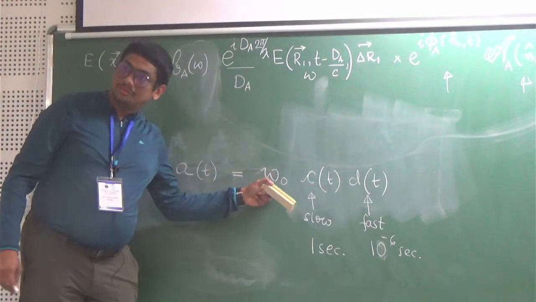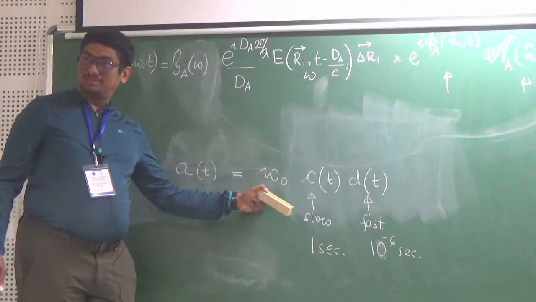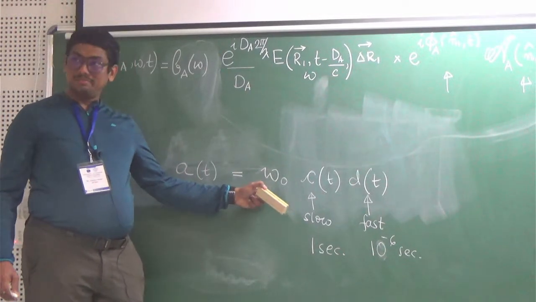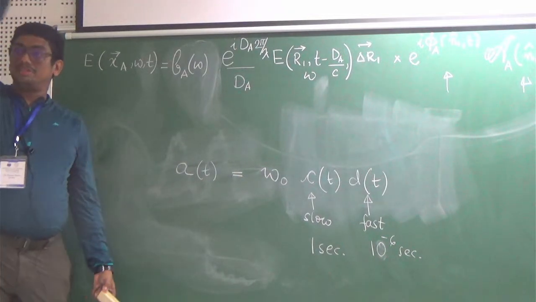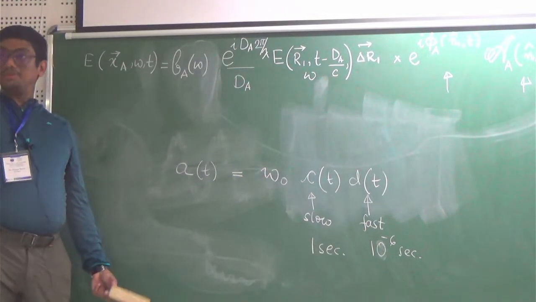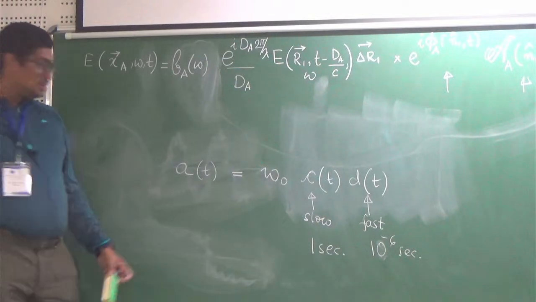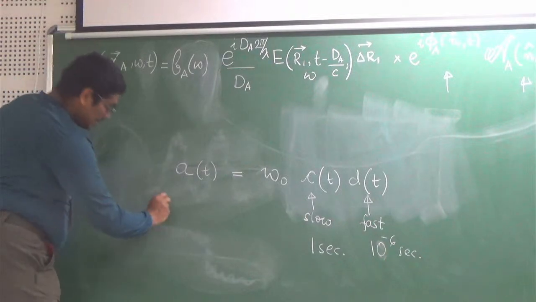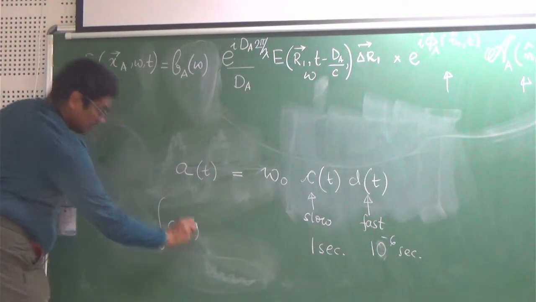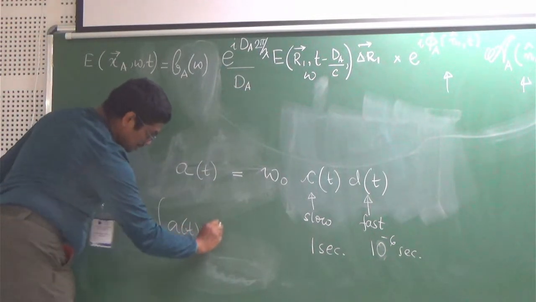This is just a number. It does not change. This doesn't change with time. Like lambda was, if my telescope's central frequency of the bandwidth is some mu, corresponding to that is a lambda. Now, if I integrate this, forget about Fourier transform.